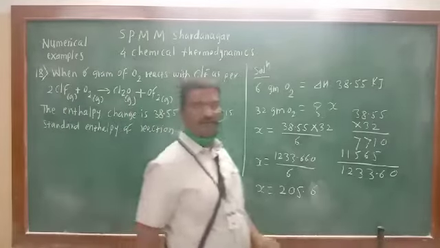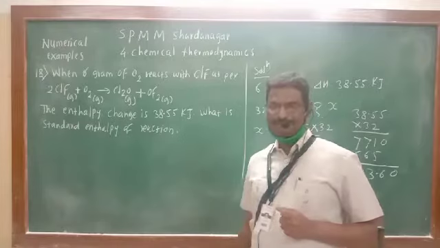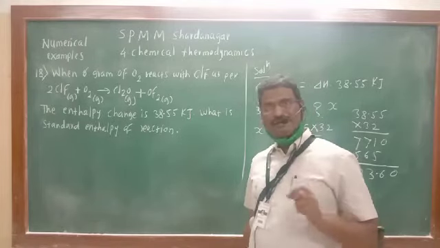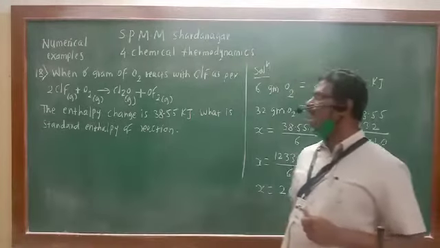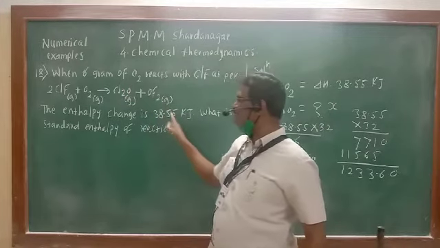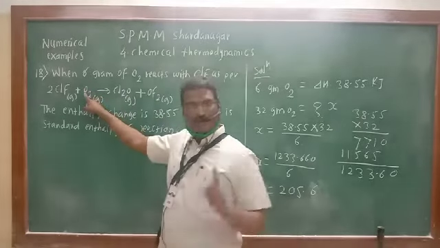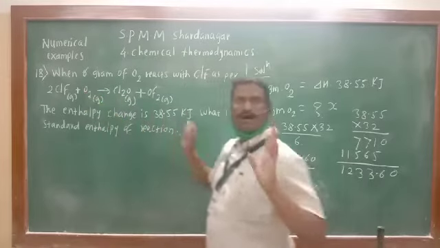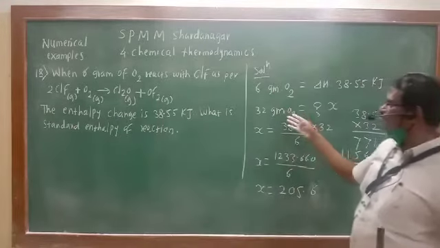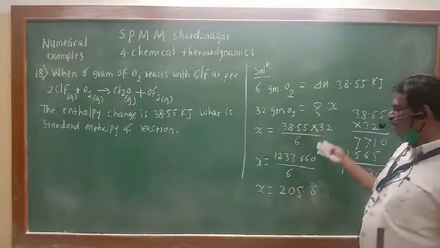Very simple. See, such problems are one-step problems. In a single step, we can calculate the answer. We have given 6 gram of oxygen and this enthalpy change. And in the reaction, 32 gram of oxygen is used and we have to calculate the answer. So 6 gram has this value, 32 gram will have how much value?